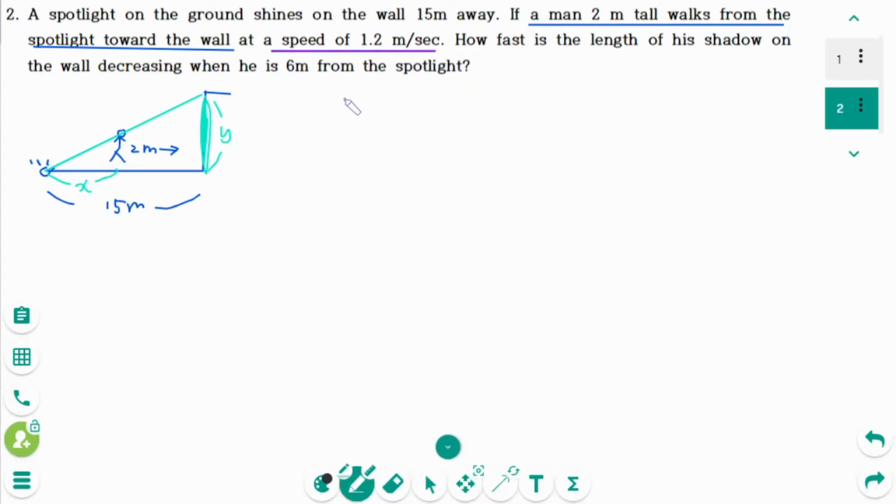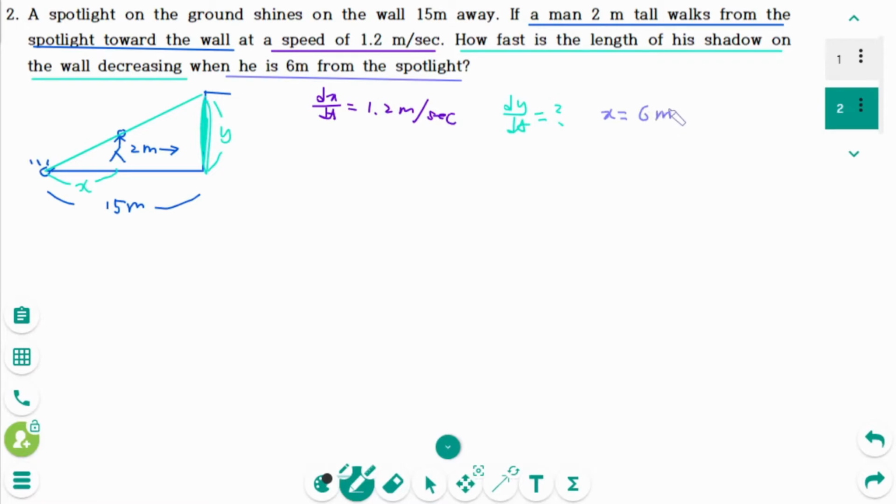dx/dt equals 1.2 meters per second. We are looking for dy/dt. When he is 6 meters from the spotlight, that means x equals 6 meters.